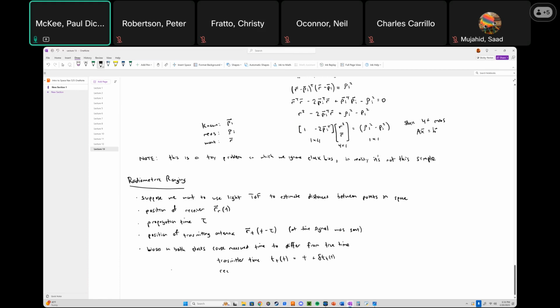And then there's receiver time, which is tR of t, which is some true time plus some delta tR of t. So you can think of this as bias. This is true.